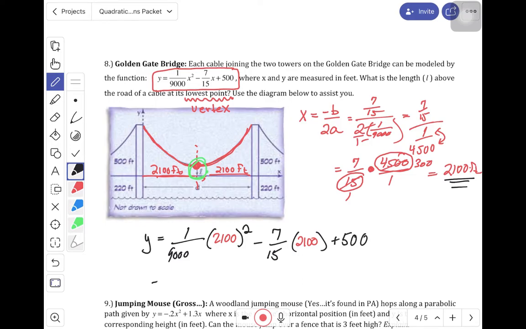And you're going to get 10 feet. So that's how far that cable is above the road.